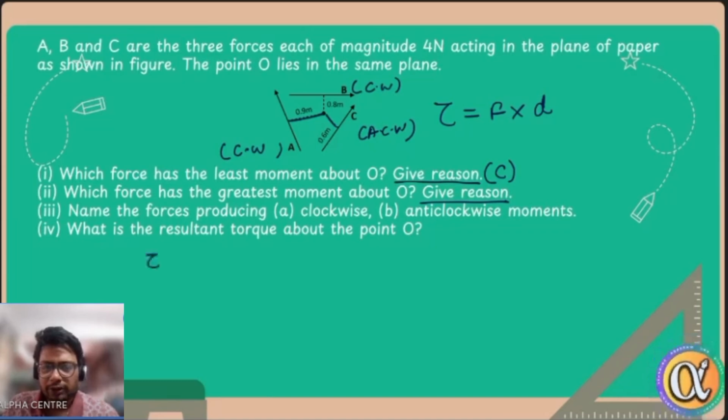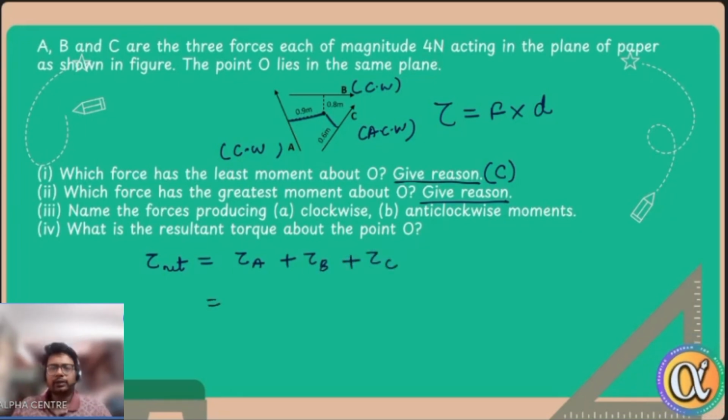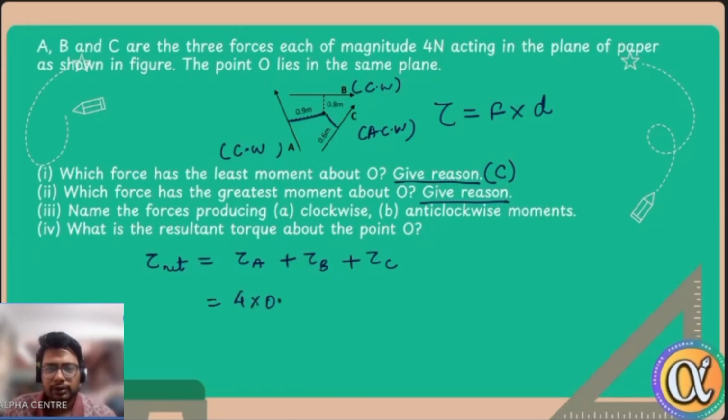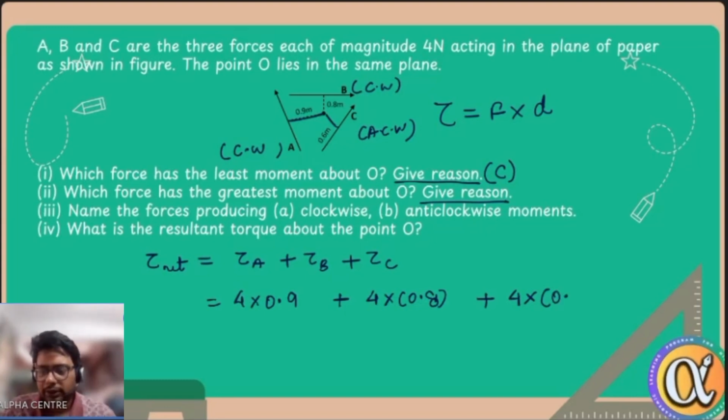Okay, so we need to find the net torque. Let's do torque A plus torque B plus torque C. Torque A is 4 into 0.8, and 4 into 0.6.